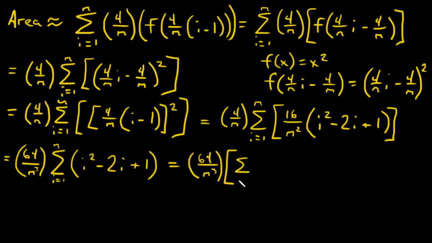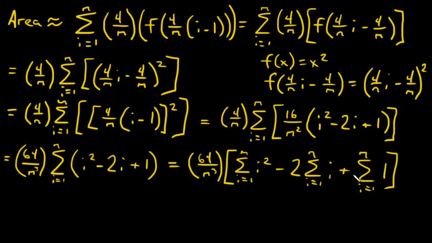So summation I equals 1 to n of I squared minus 2 summation I from 1 to n of I plus summation I from 1 to n of 1. Whew. So what does this become? Well, I think I should probably clear the page. I'll do one more and then I'll clear it because I'm going to run out of room. There's no way I can finish this up on one page.